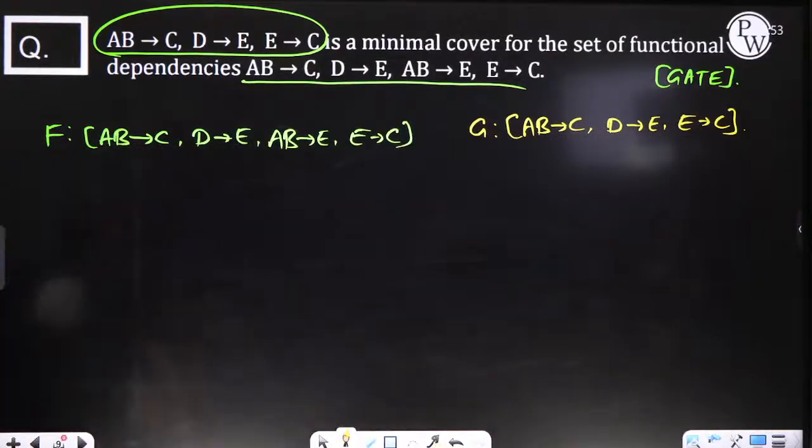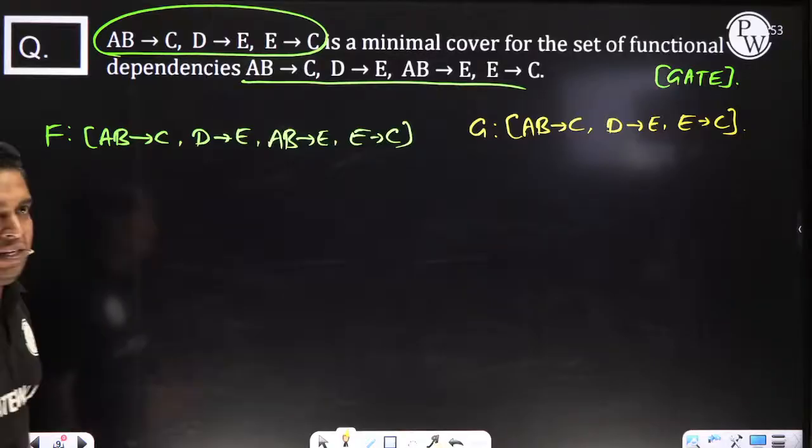Tell me fast. What is the correct answer? You know why I explain this method?